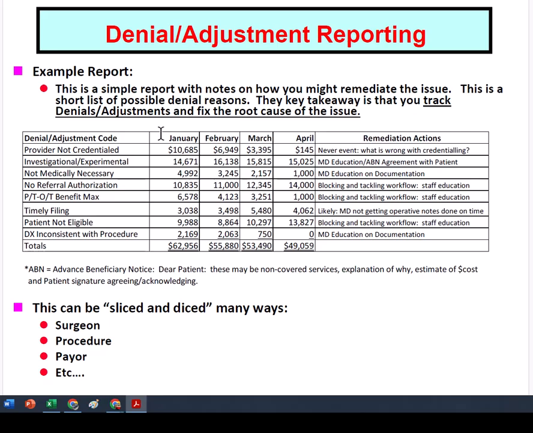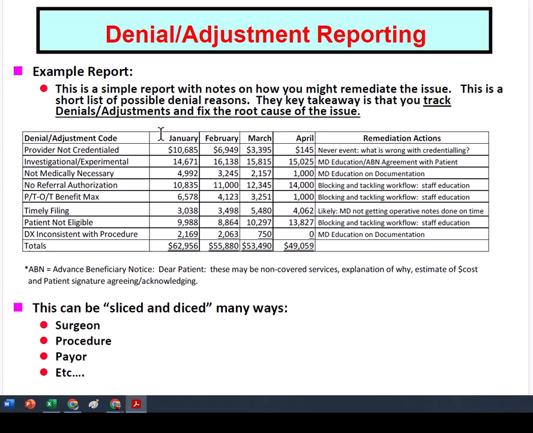Does the physician know that this procedure is investigational or experimental? Do we have an ABN, advanced beneficiary notice agreement, with the patient that makes them aware that this may be experimental? The insurance company may not pay it, in which case you're responsible. You can't bill the patient for something like this unless they've signed an ABN.